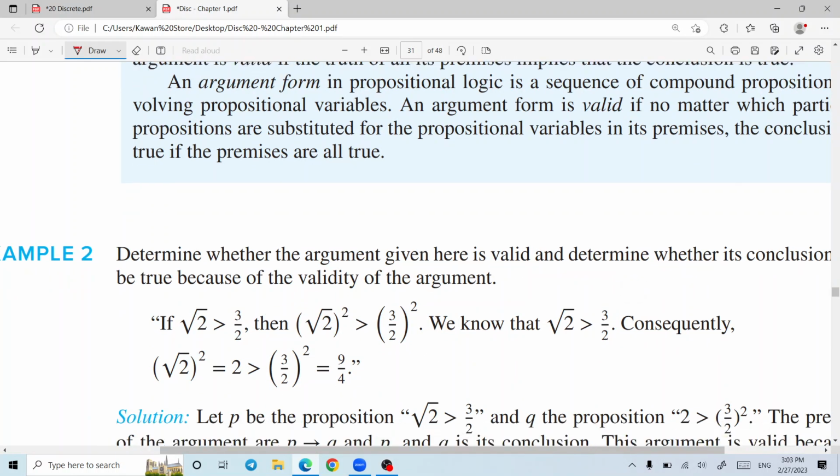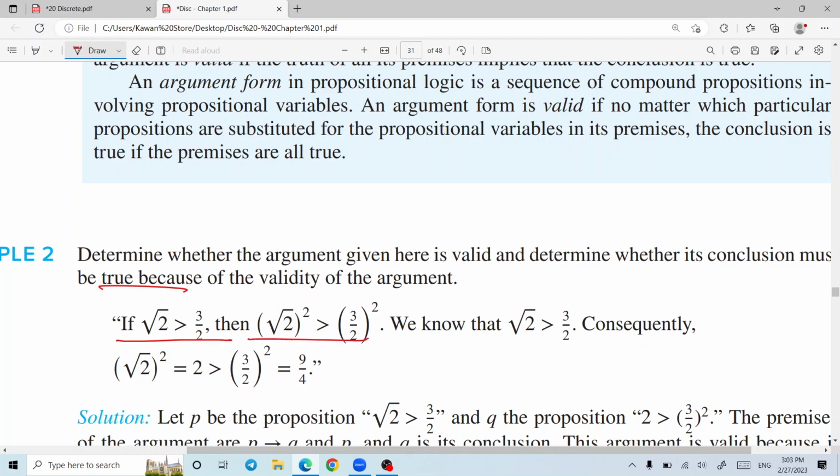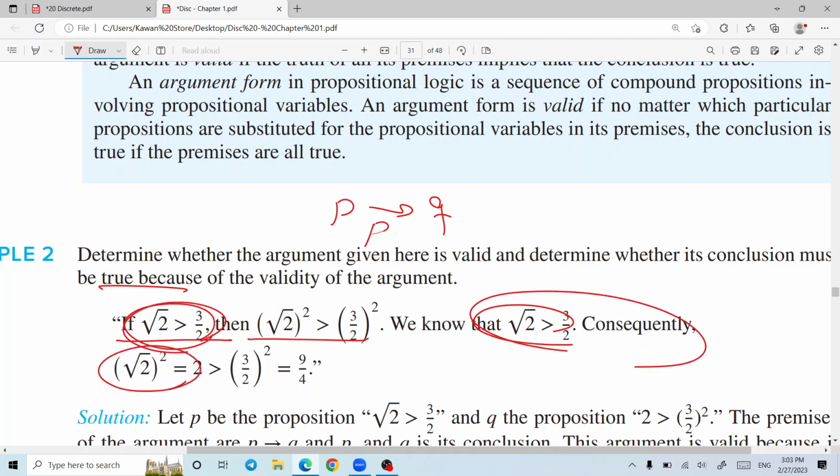Change that one to P and Q. He says, I don't care about true or false here. Just make the conclusion and change to P and Q. If that one, then that one. So P, then Q. We know that consequently, therefore, we have P. Understood? Good.